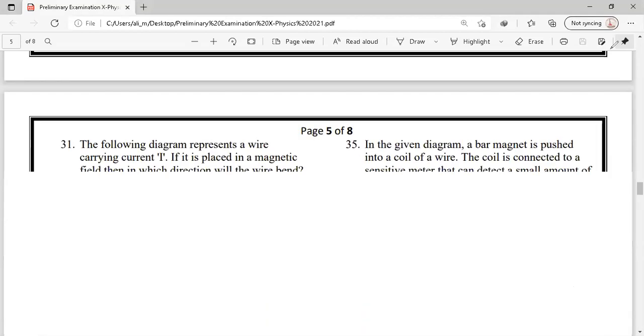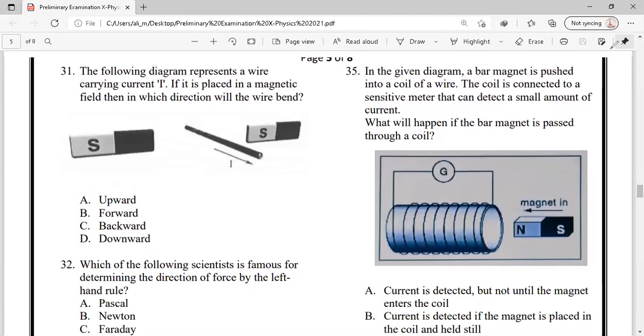Let's move to our next question, that is question number 31. The following diagram represents a wire carrying current I. If it is placed in a magnetic field, then in which direction will the wire bend? So we have to find the direction of force acting on this wire.